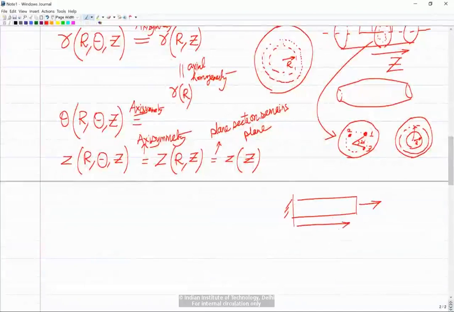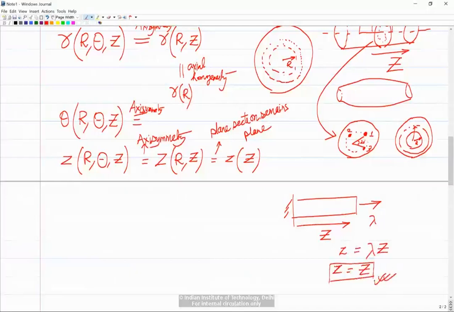And this is the Z coordinate, big Z. So when you, let's say, extend by lambda, how are small z and big Z related? Small z will be equal to lambda times big Z, isn't it? If you say small z is independent of big Z, that is just not possible. Even in the reference state, small z is equal to big Z. There will be a dependence on big Z.